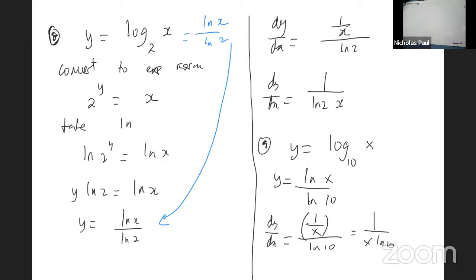All right. This one here, the key is to simplify before you try to differentiate, right?